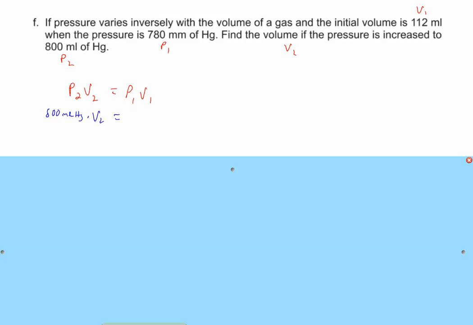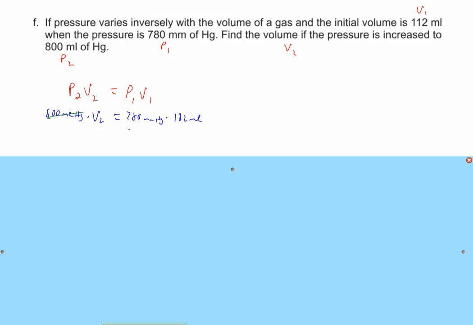What's our initial pressure? 780 millimeters of mercury. What was our initial volume? 112 milliliters. Again, I always include my units. They'll tell me what my final answer units are. All I do is put in P2 V2, P1 V1. Easy to solve, right?